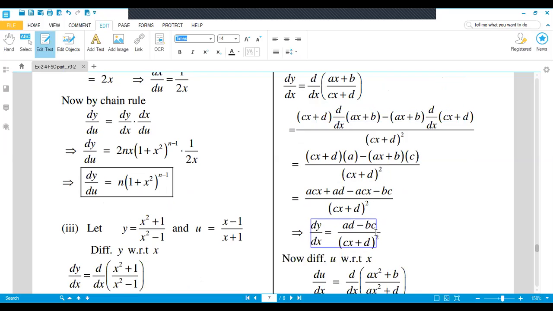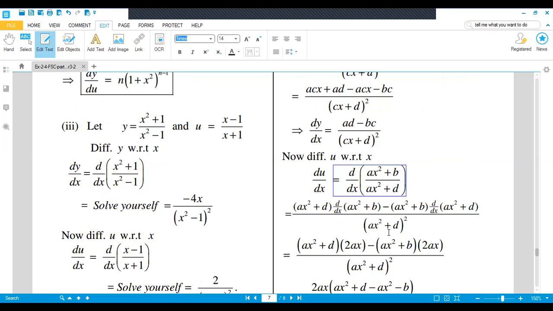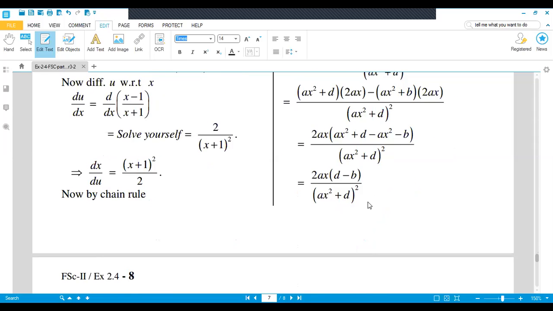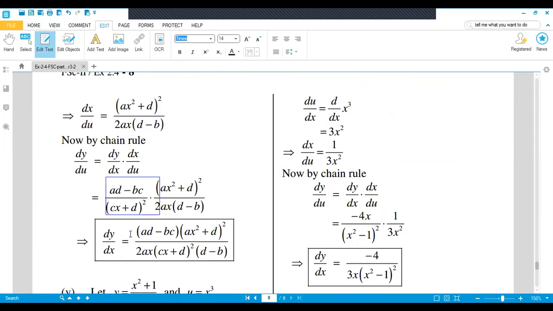So when you simplify, you will get this. And then similarly, to differentiate this u with respect to x, again you apply the quotient rule. B and d are constants, a is the coefficient. So when you simplify, you will get this. After that, you apply chain rule on that. When you apply chain rule, you will get this answer.